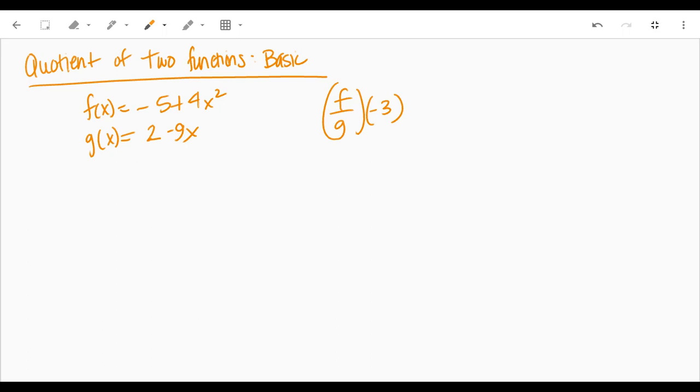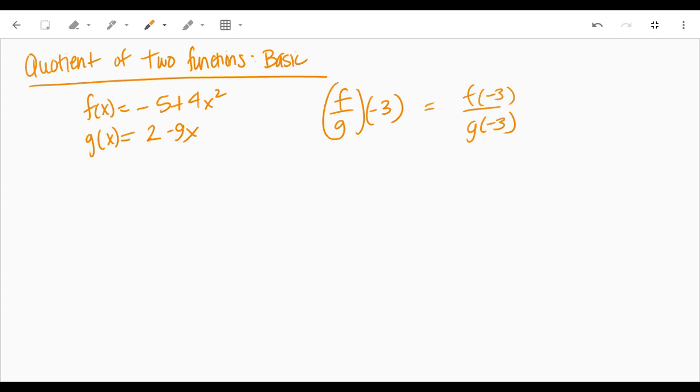Okay, and again, this means that we're going to do f of negative 3 over g of negative 3. They also tell you values that are not in the domain, so we'll get to that too. Okay.